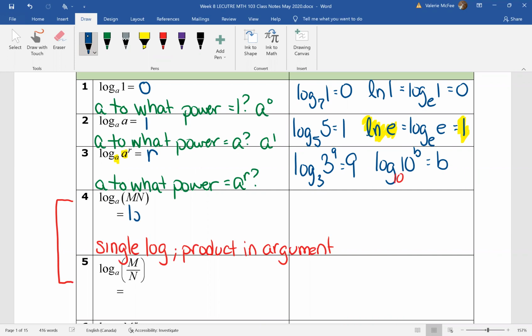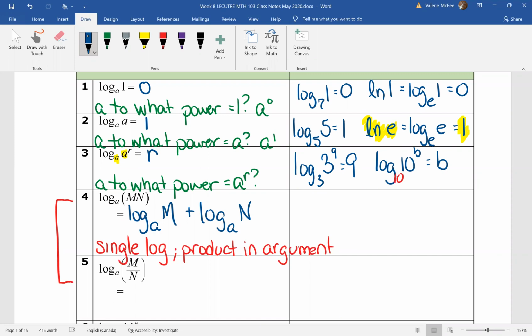So we're going to keep the base the same and say that this is log base a of m plus log base a of n. And notice the words I'm using. When you meet with me to talk about questions that you're doing, when you're verifying tests or exams, you need to know the words log base a of m plus log base a of n.